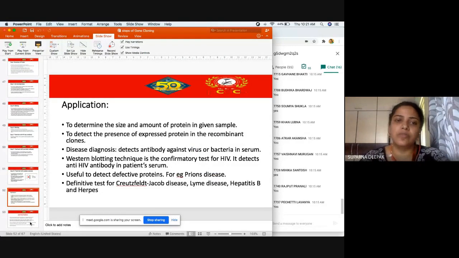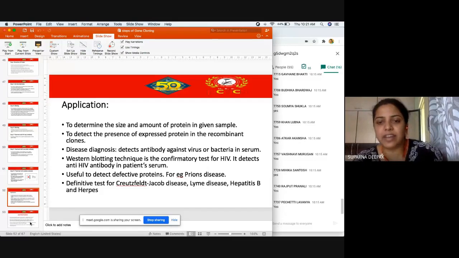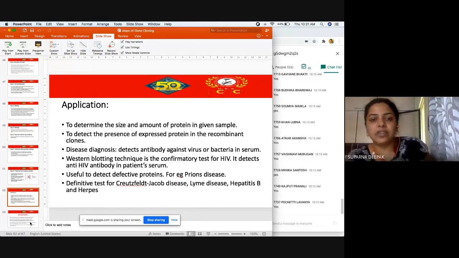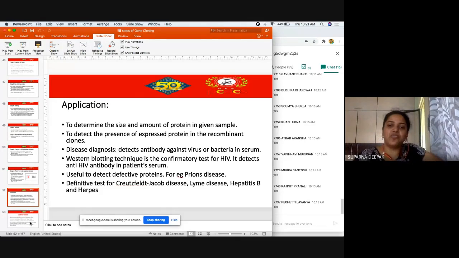Western blot can tell us about the size and amount of protein which is present in the sample. It detects the presence of expressed protein in recombinant clones. I have already told you about this. Disease diagnosis, yes, where specific antibodies can detect a virus or a bacteria. Western blot is a confirmatory test for HIV.